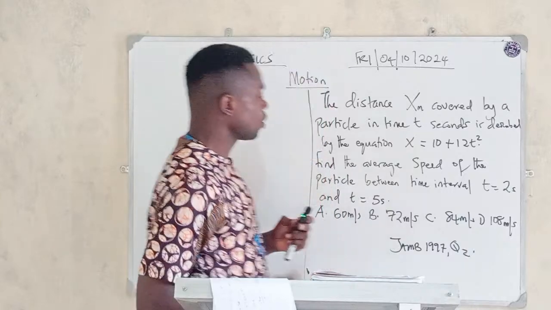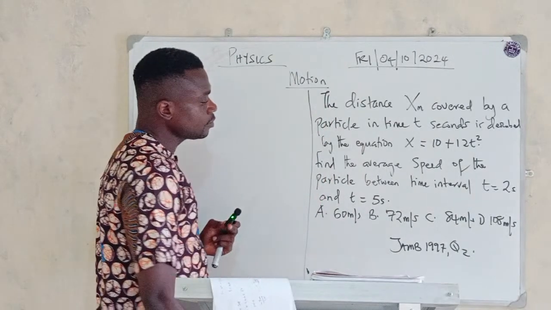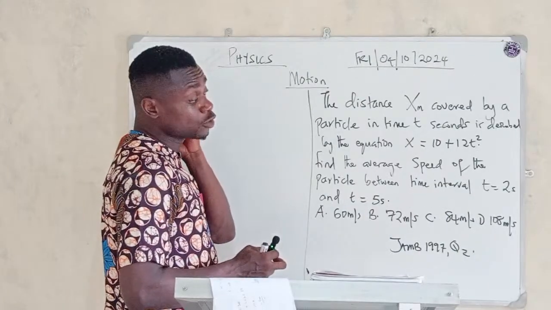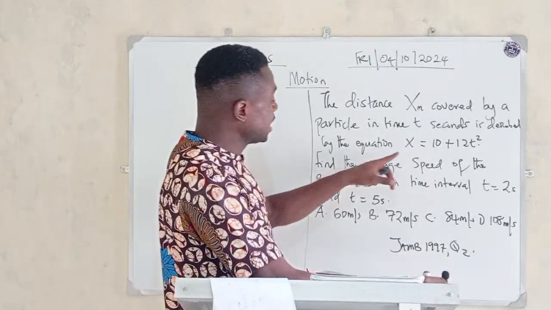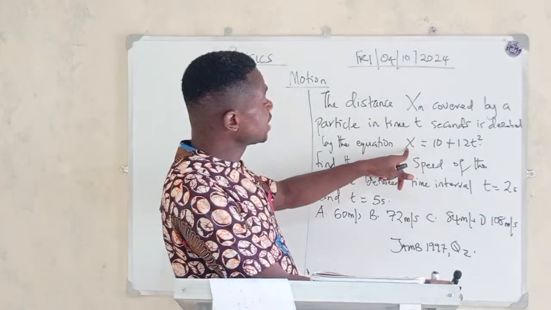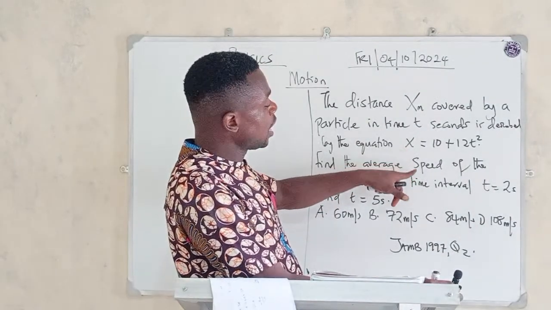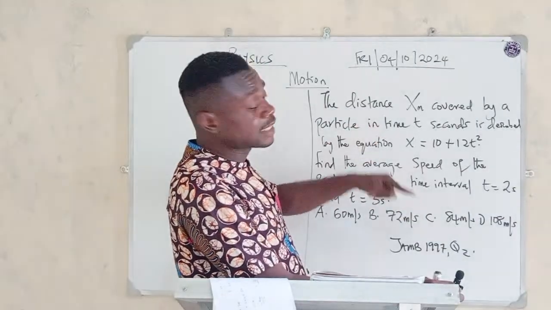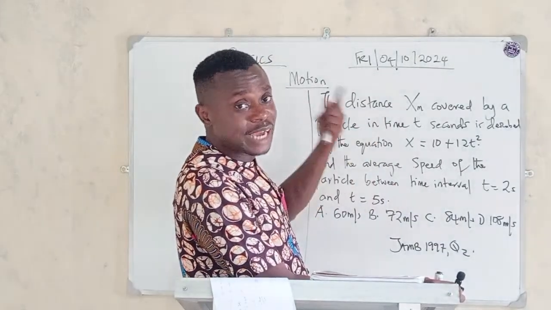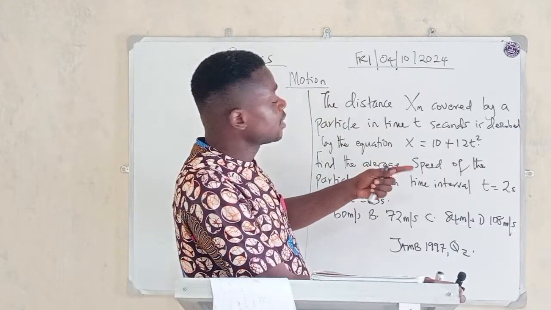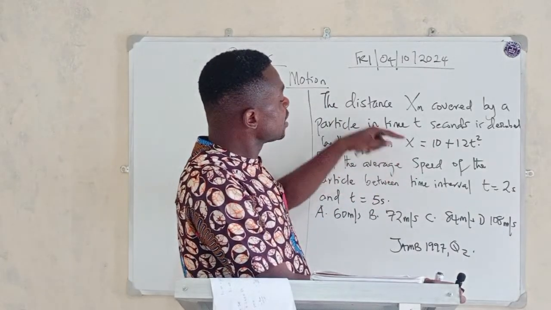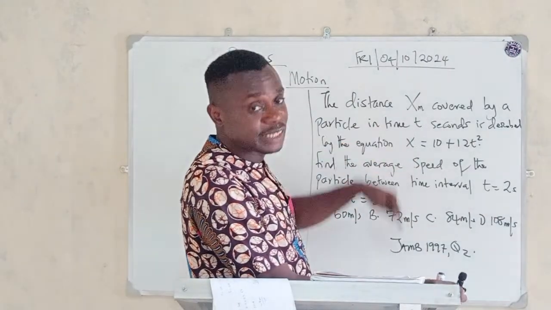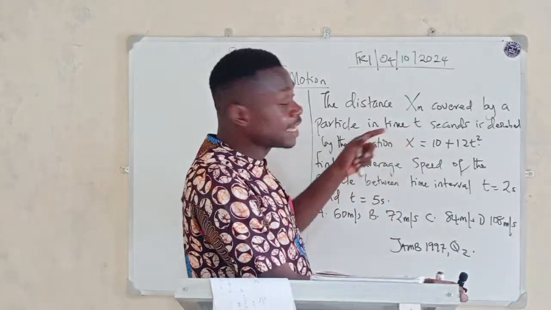Okay. For us to solve this question, we bring in calculus, because this is distance. The relationship between distance and speed: speed is the time rate of change of distance, I mean the distance covered per unit time, and it is a rate.